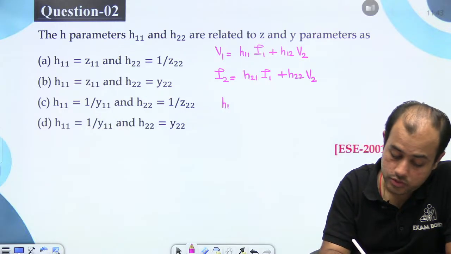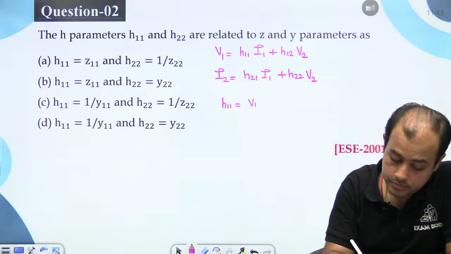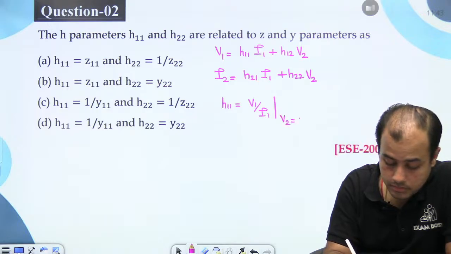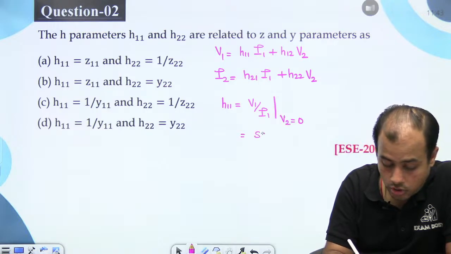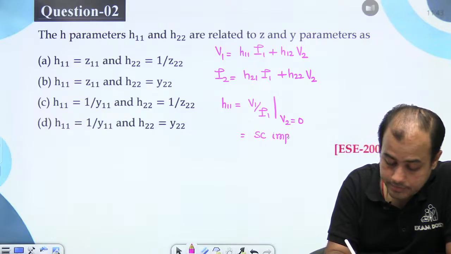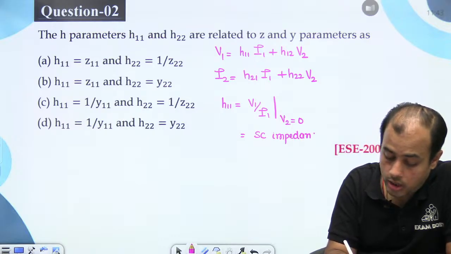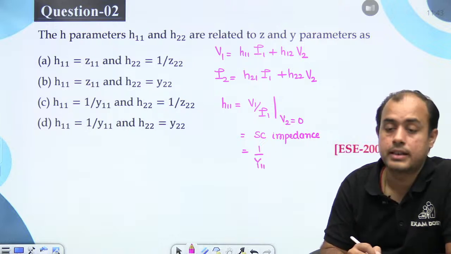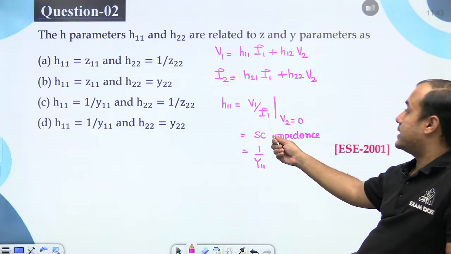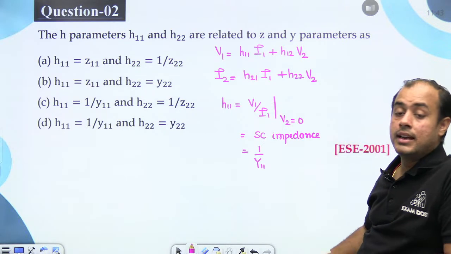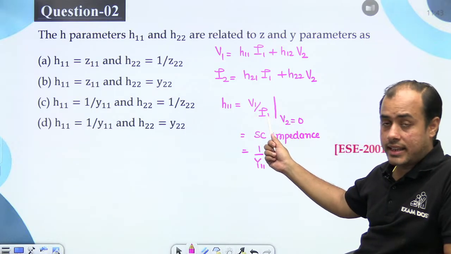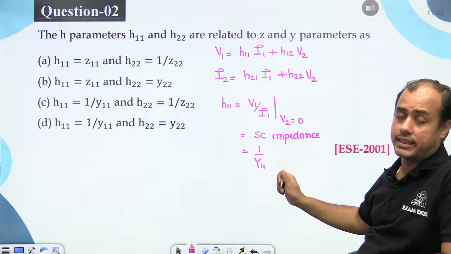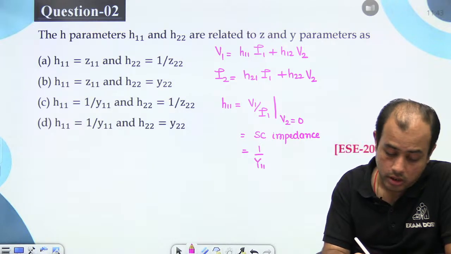Now what is H11? That is short circuit impedance. Now the short circuit admittance is Y11, so this is 1 by Y11. Now you might think that this is Z11. No beta, because Z parameters are taken under open circuit. This is under short circuit. So this is the reciprocal of Y11.